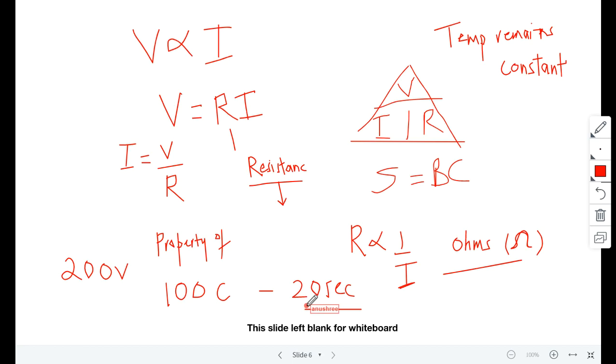So would I use the other equation to find out the current from the charge and time? I would need to do I equals Q over T. Yes.